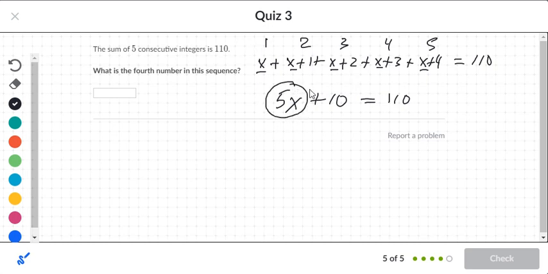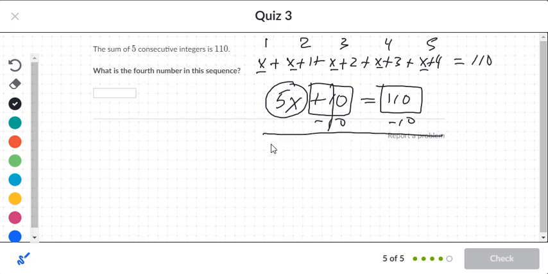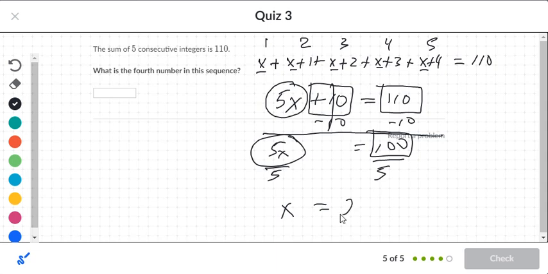So we're going to circle, and we're going to box our numbers. So we subtract 10, cross out. This is 5x. This is 100. Circle, box. Divide by 5. So you find that x is 20.